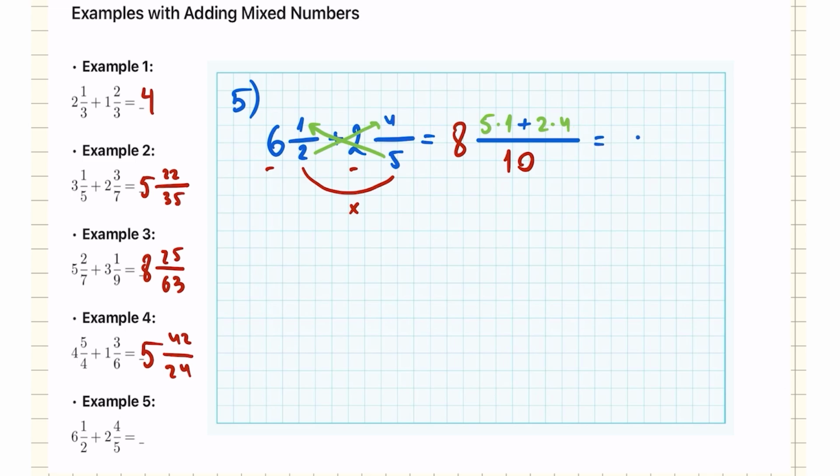We get 8. Now 5 times 1 is 5, plus 2 times 4 is 8, and the denominator 10 stays the same. We need to add this: 8 whole numbers, 13 on the top, and 10 as a denominator. So that's the answer.